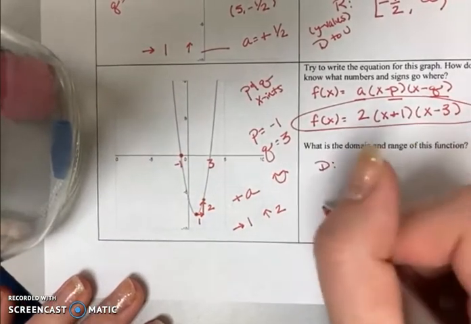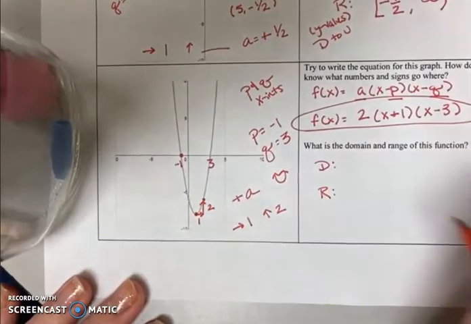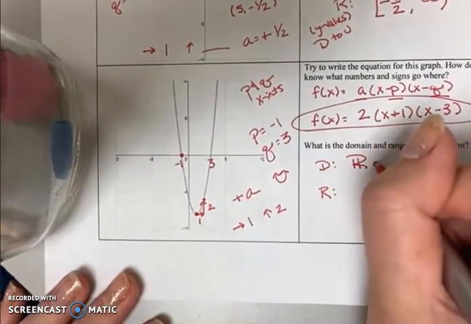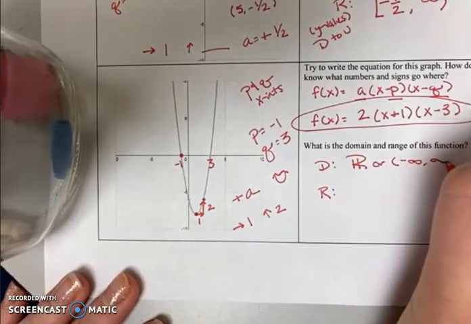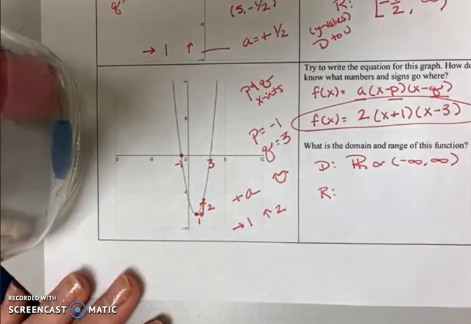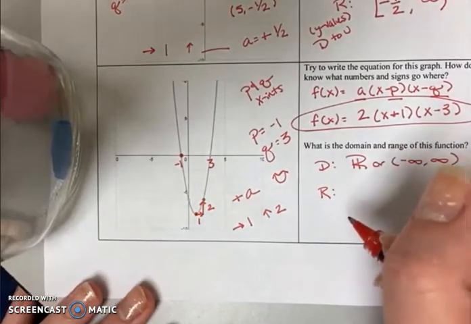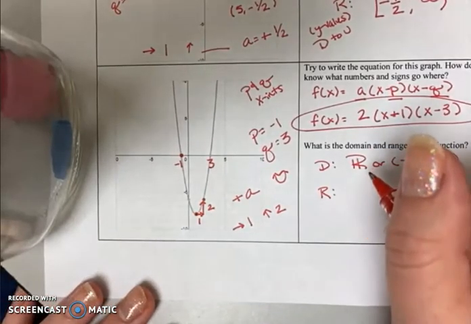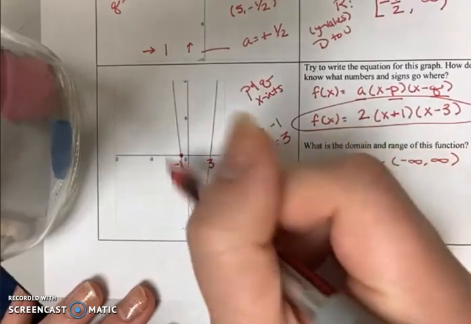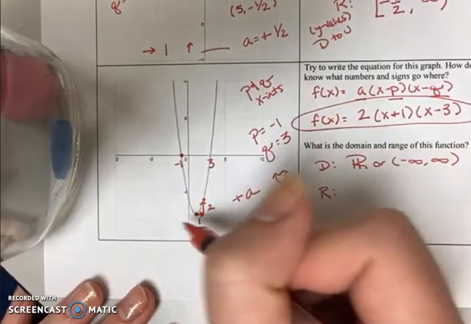We also have to write the domain and range. Once again, the domain of any parabola would be all real numbers. You can either use the symbol or interval notation. And the range has to be down to up. There is a minimum here, so the furthest down I can go is here.